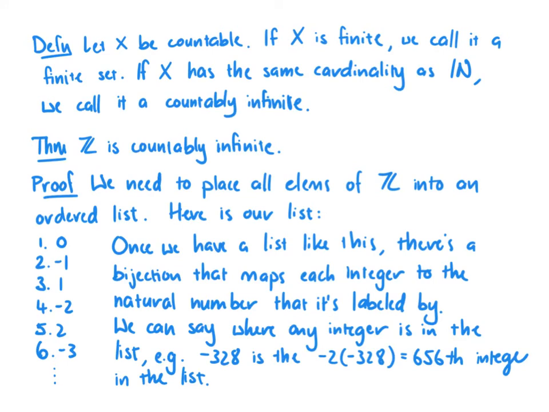Every integer does appear here. You know, if I gave you something like 5,491, there's some pattern that you can follow to tell me exactly where that integer appears in our list. So Z is indeed countably infinite. Okay, there's maybe some details that I'd like you to fill in. So that's really what's coming next.